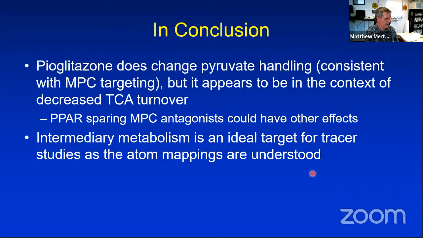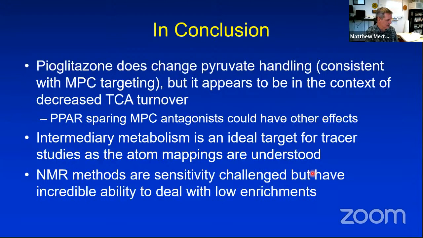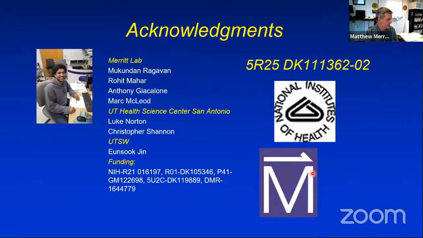And if I didn't cite your paper, I really apologize. But this technology is so widely used that you can't keep track of it in a single talk. And I just want to put in a shot for NMR in that we are sensitivity challenged, but we can do some really interesting things because of the technology.